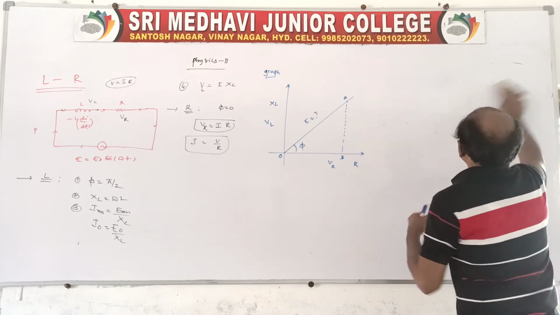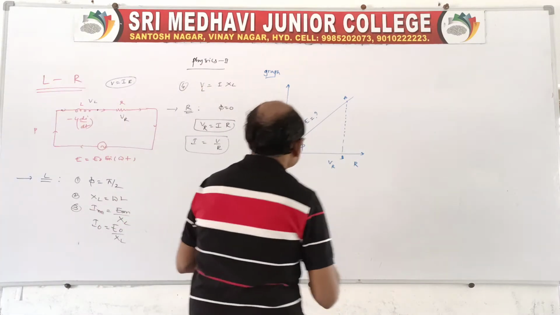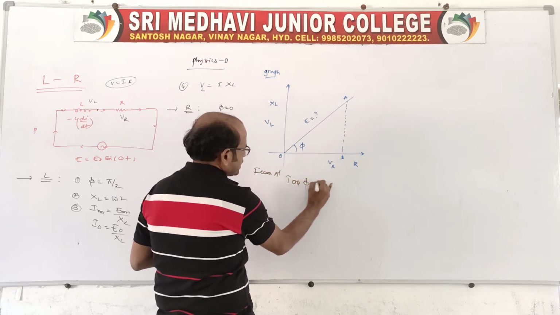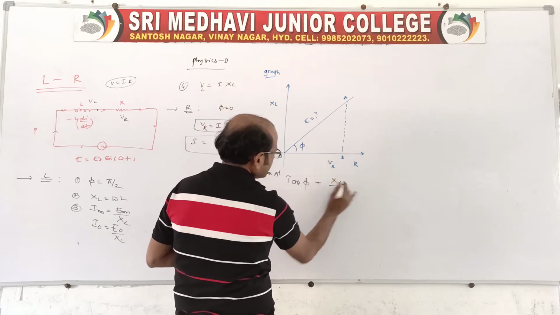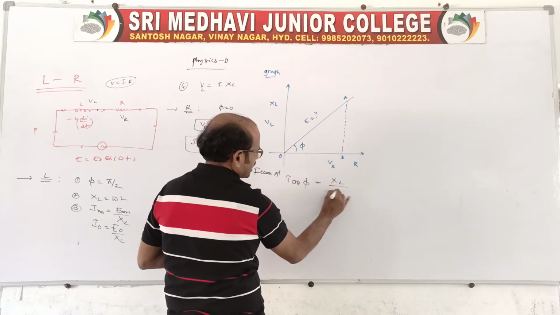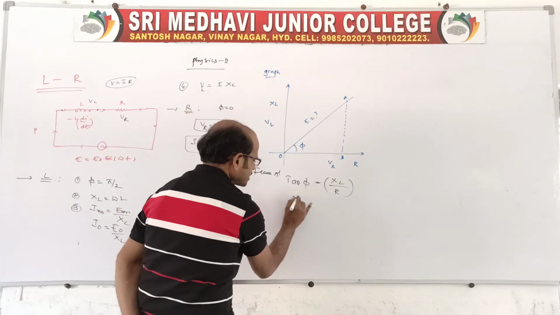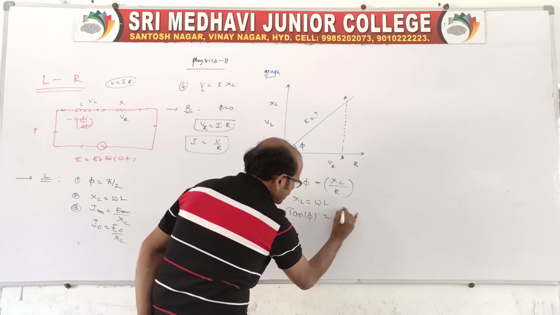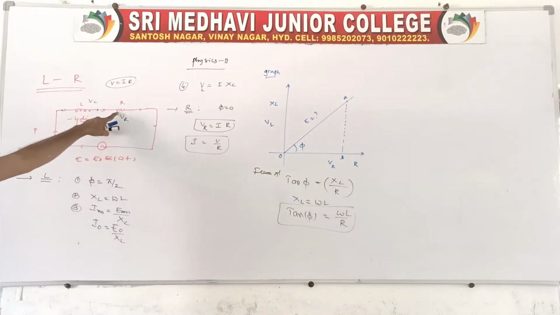That is the first one, phase angle, because there is some phase difference we need to find. Then take the triangle: tan phi is equal to opposite, that is VL, or you say XL, by adjacent, which is capital R. XL is nothing but omega L. So, tan phi is equal to omega L by capital R, for the circuit of inductive and resistive circuit.